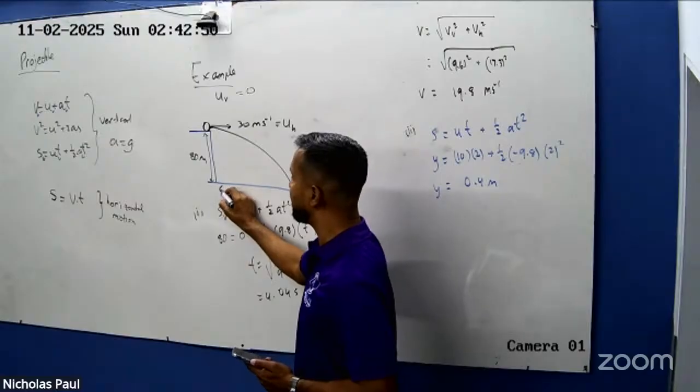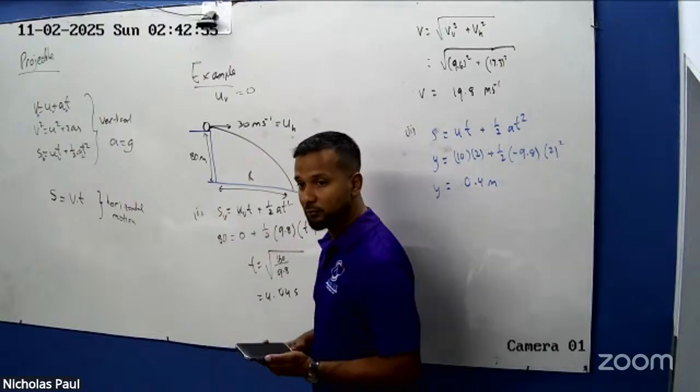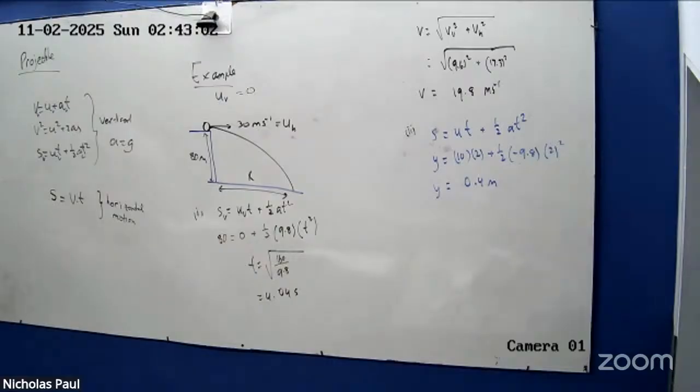So they're asking for that distance, right? Let's call that R. Yeah? Try that fast.